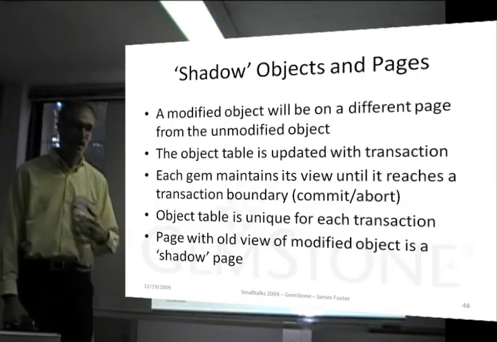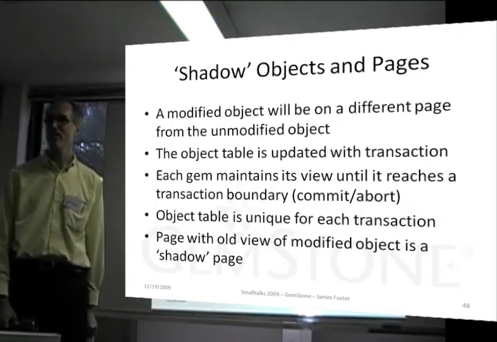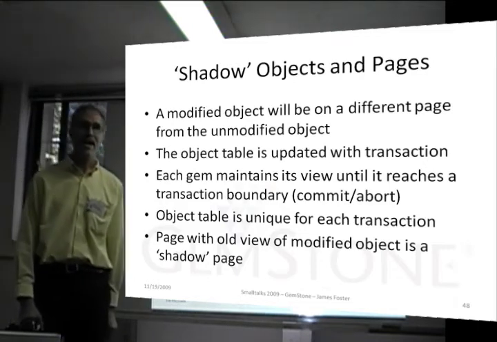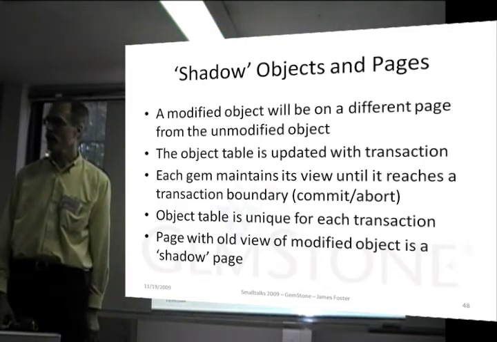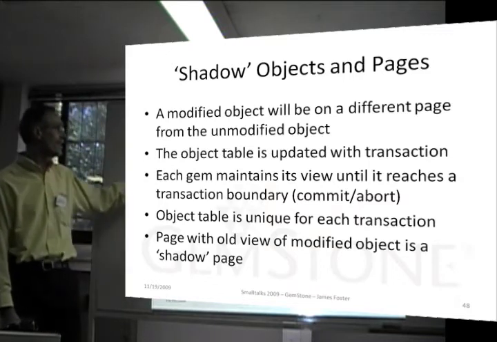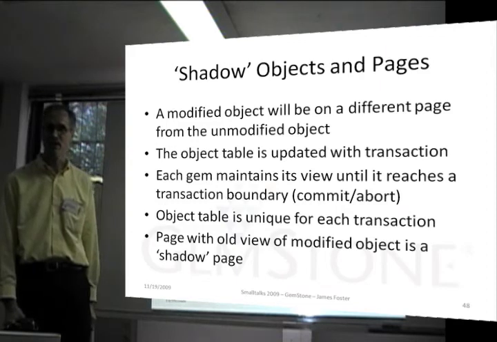So it's not the real one, but just sort of a shadow that's made that looks something like the original one. It's a shadow object. And any page that is holding shadow objects is called a shadow page.